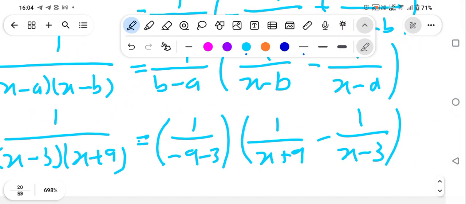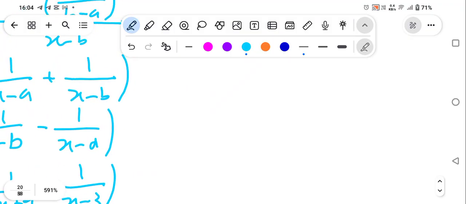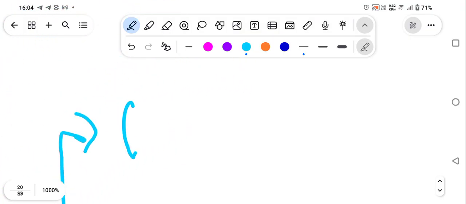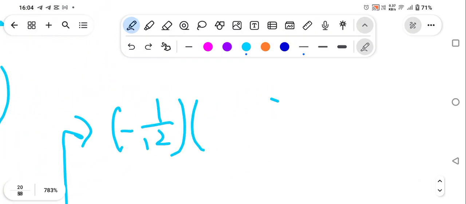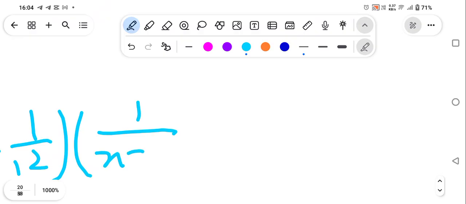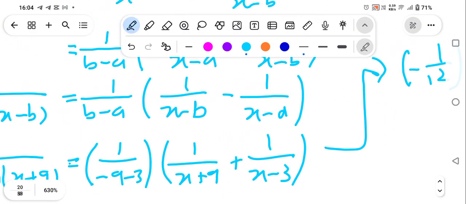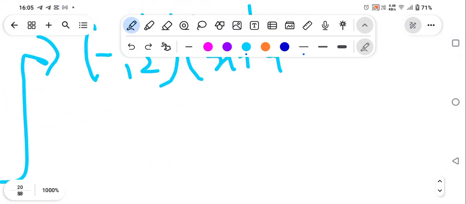So this term will be negative, and it will become negative 1 over 12 times x plus 9, plus, I mean this is minus actually, wait, oh yeah, this is negative, my bad.